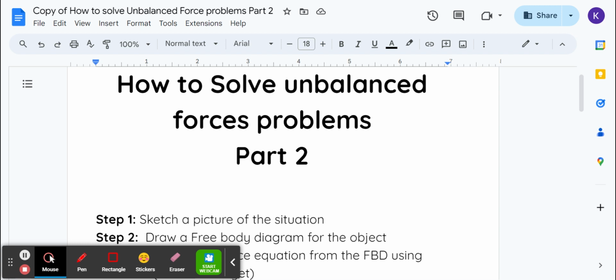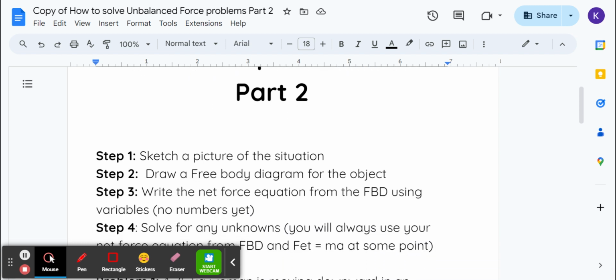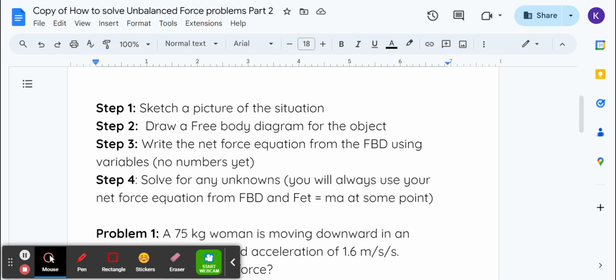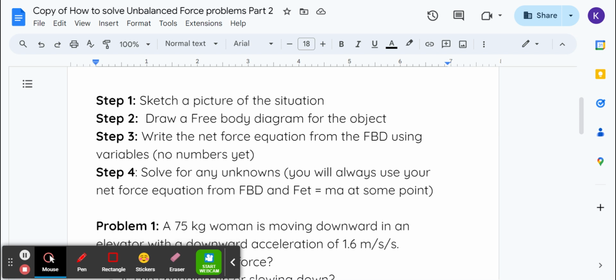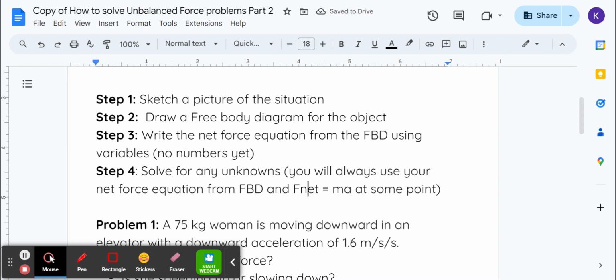Solve unbalanced forces problems. Our steps are going to be the same as in tutorial video number 1. We're going to sketch a picture of the situation, draw a free body diagram for the object, write out a net force equation from the free body diagram with no numbers, and then solve for any unknowns, using Newton's second law, F net equals ma, and the net force equation from the free body diagram.